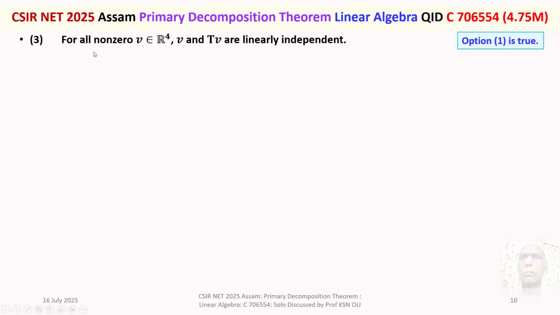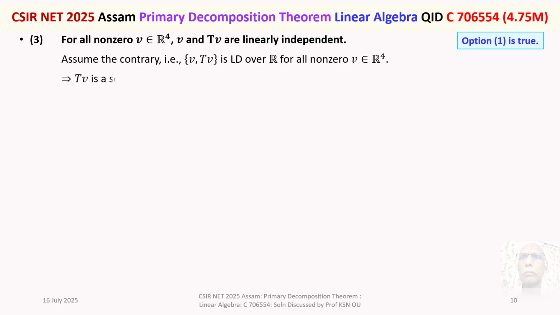Option 3. For all non-zero V belonging to R^4, V and T of V are linearly independent. Assume the contrary. That means the set consisting of V, T of V is not linearly independent, that it is linearly dependent over R, for all non-zero V belonging to R^4.